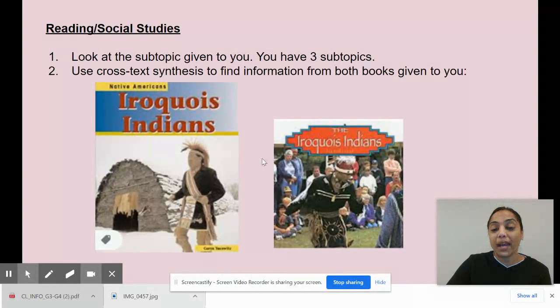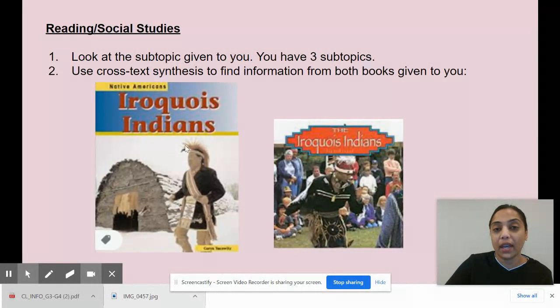And then that is what you were asked to do. So here it says, look at the subtopic given to you. And I should say subtopics because you have three subtopics. So each page that you created, remember the boxes and bullets, that is what you're going to be looking at. So use cross-text synthesis to find information from both books given to you.